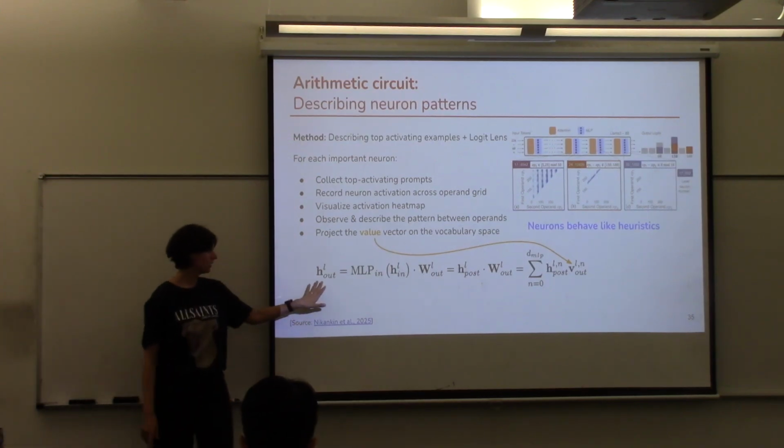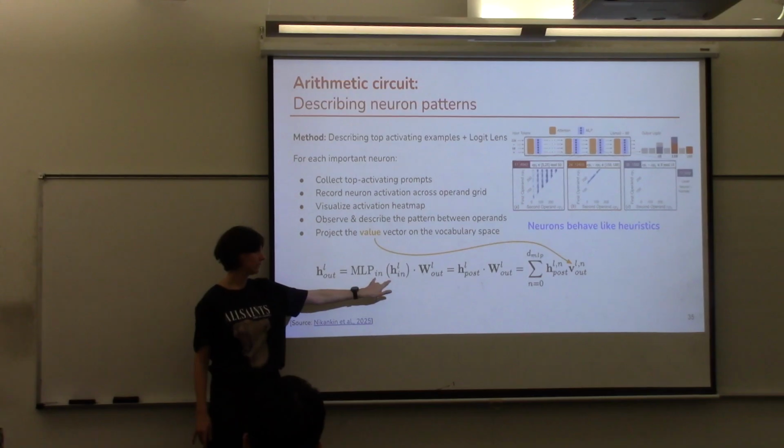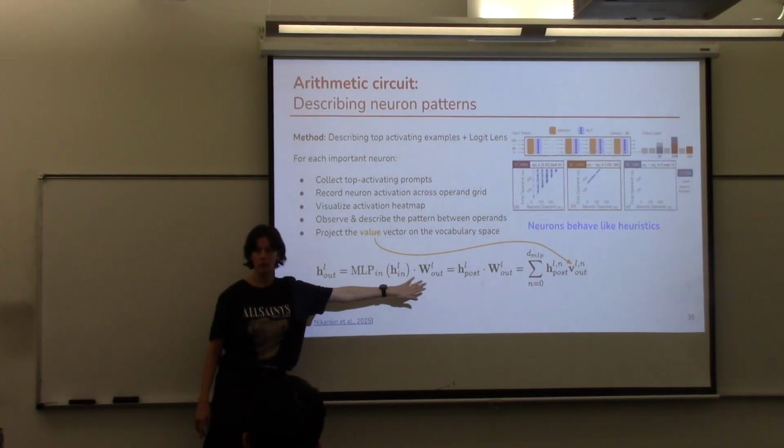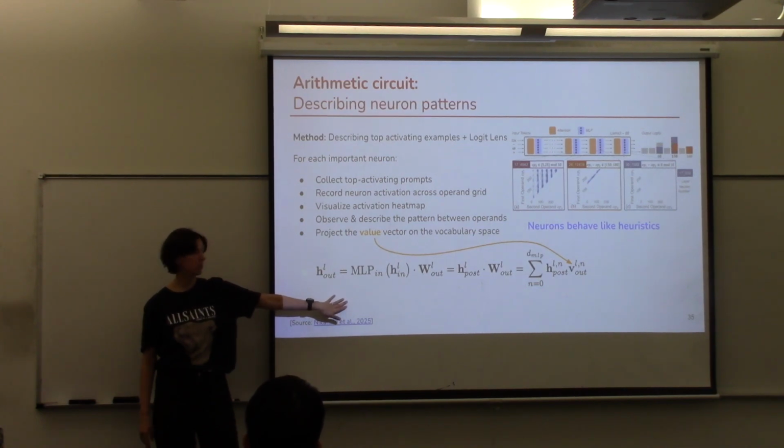So the first thing they do here, you see what is the output of the MLP. Usually we have the MLP combined with the linear layers. So this is just the equation of a feed-forward or multilayer perceptron in a transformer block.